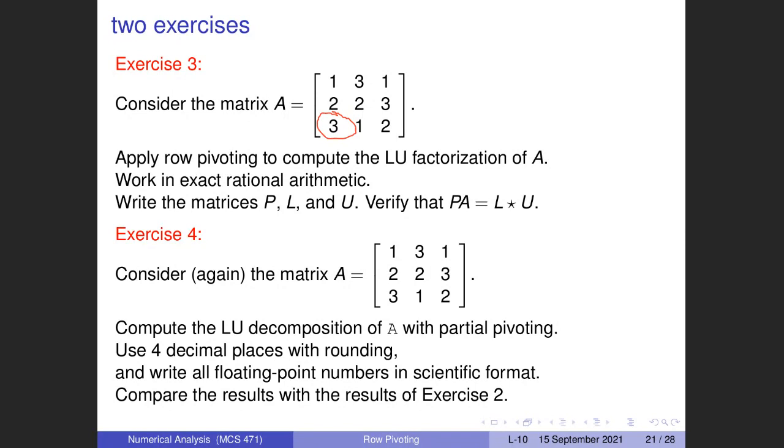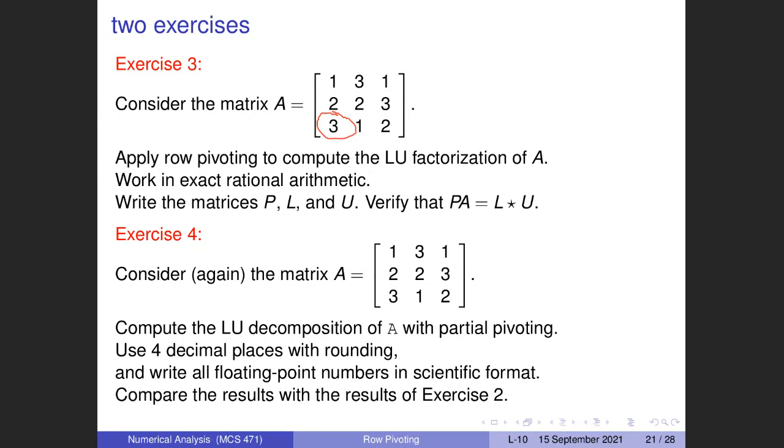The purpose of exercise 3 is that you can go through the logic of the steps without being bothered with scientific notation of the numbers. Then, in exercise 4, you do the same exercise, but now with partial pivoting, and you write all the floating point numbers in scientific format. If you still have a scientific calculator, this is a good use of it. Otherwise, you could use the posted program with this lecture.